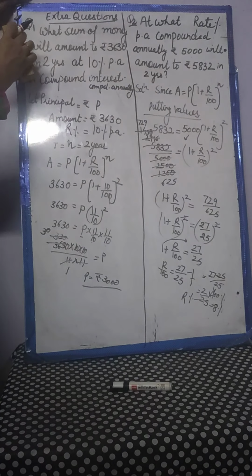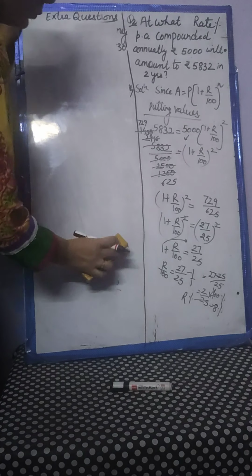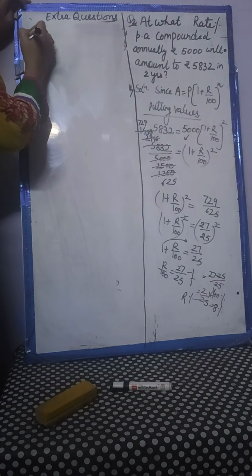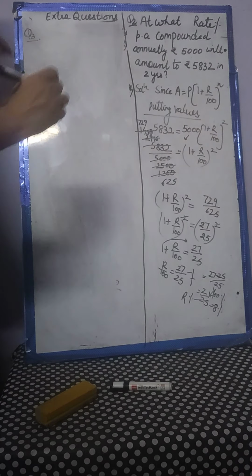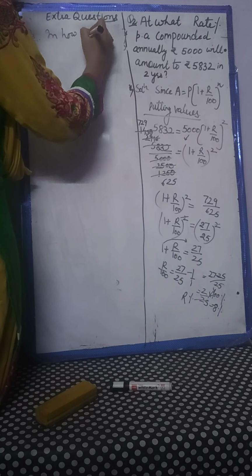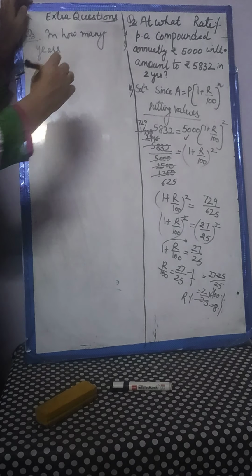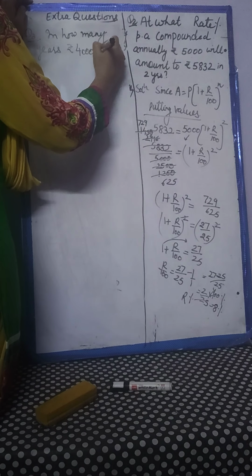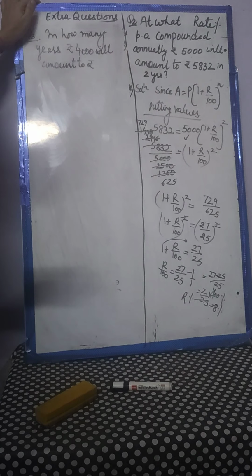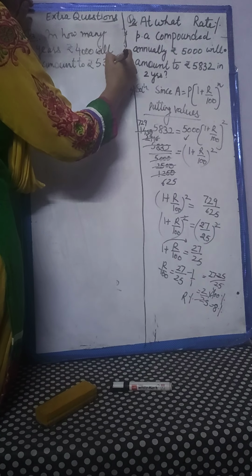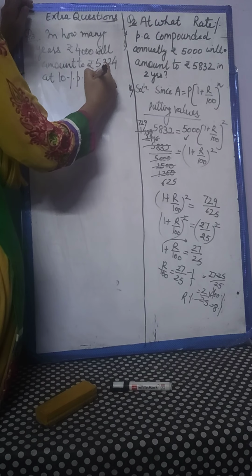Now let us do the next question. Question number 3 is: we are to find in how many years rupees 4,000 will amount to rupees 5,324 at the rate of 10% per annum compounded annually.